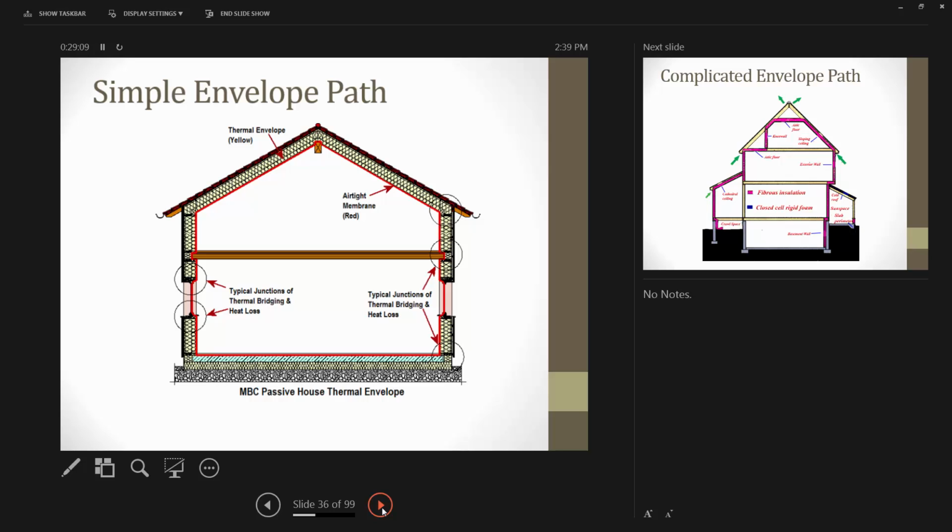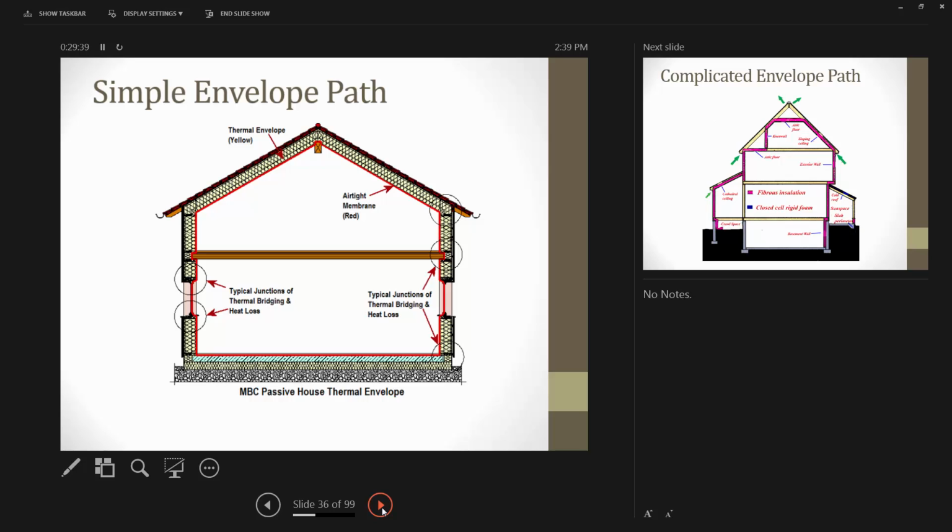But back to that first, creating a simple envelope is one of the things in design that's pretty critical. Any place that you have an intersection of building materials, whether it's where a window connects to a wall, where a floor connects to a wall, where a roof connects to a wall, or a floor connects to the foundation, any place you have a connection, you have a weak spot.